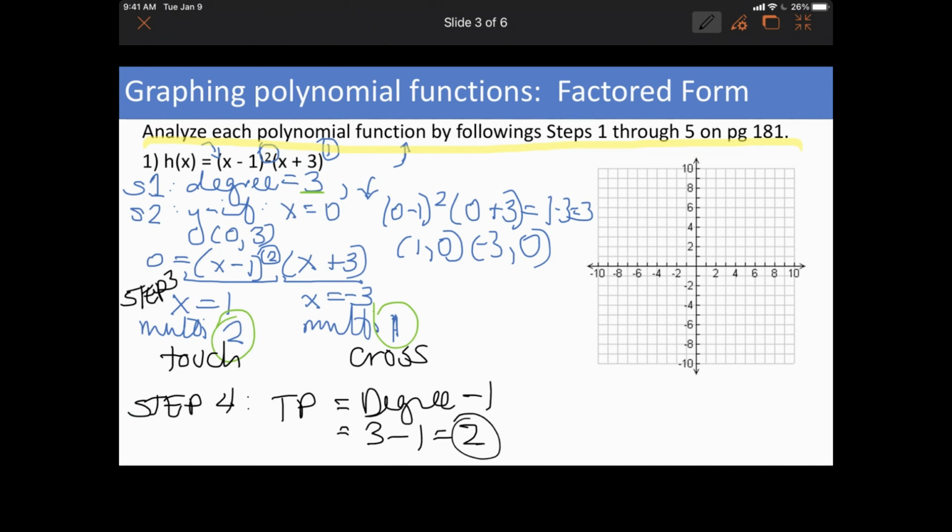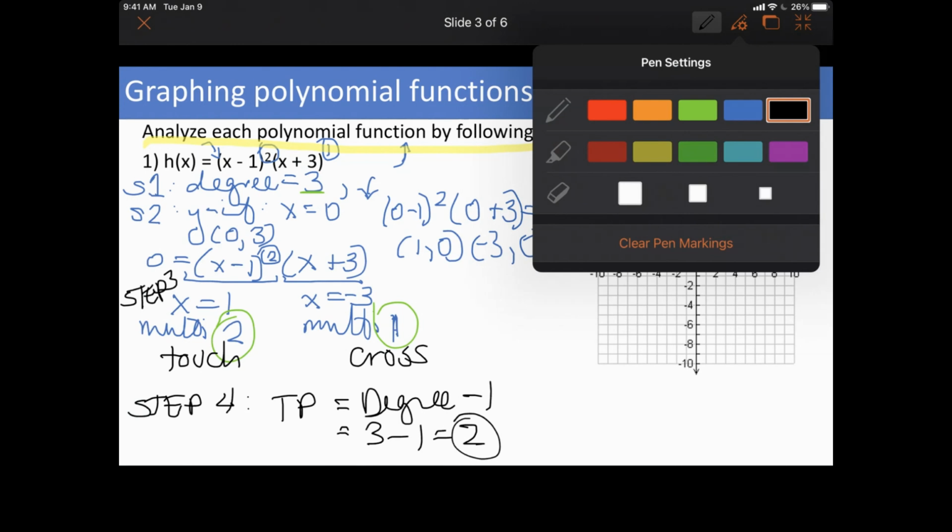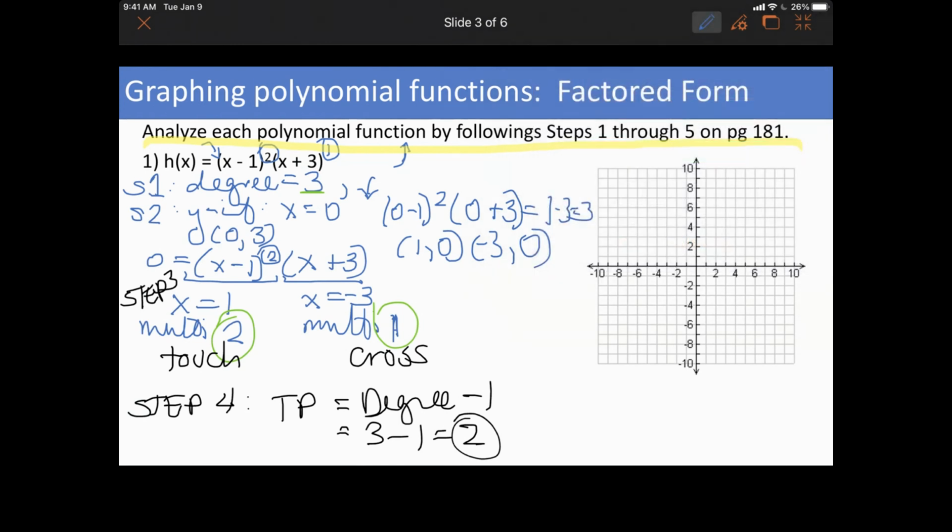And I'll show you that on the graph. And then we take all this. Step 5 is actually to graph it. All right, so we're going to take all our information. So I'm going to take my zeros first. So I have (1, 0), (-3, 0), and I also had a y-intercept, (0, 3).